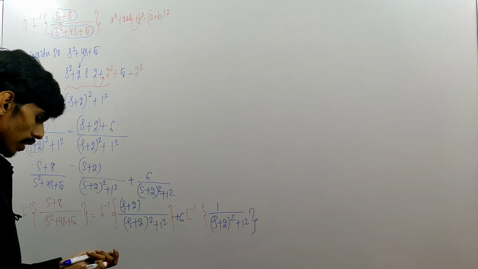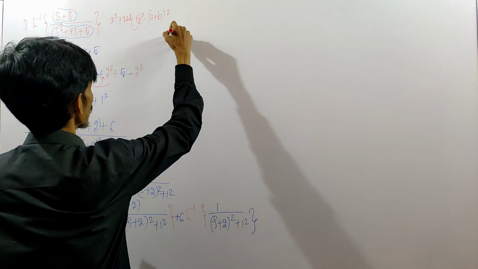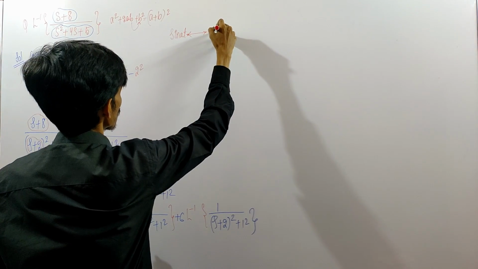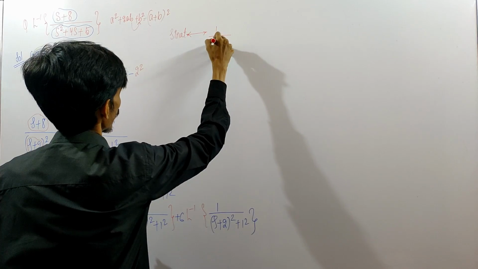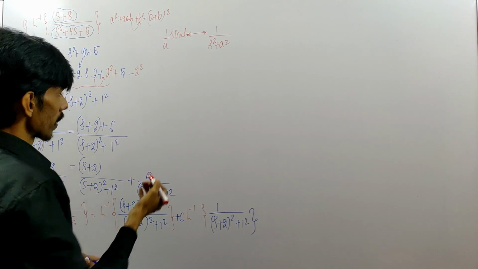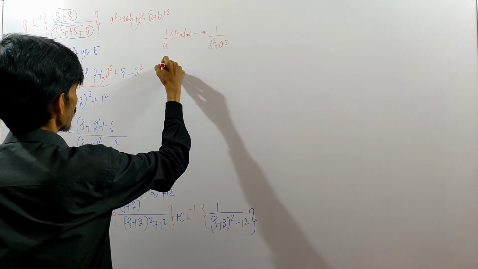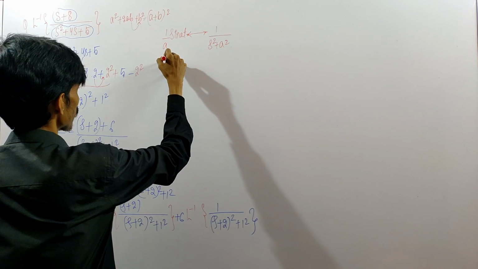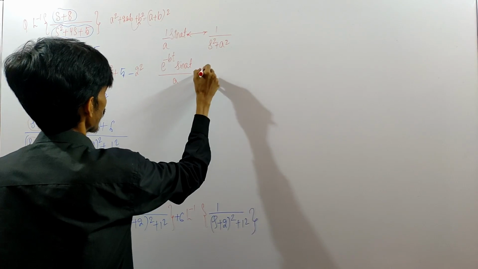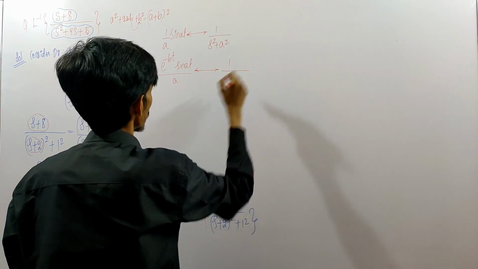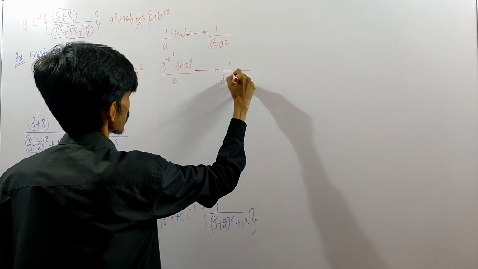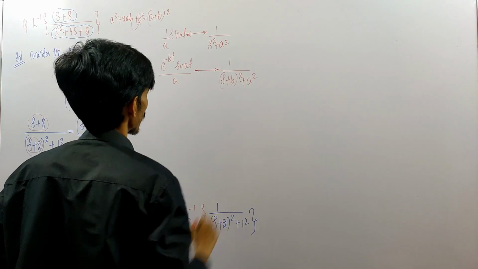Now we know that sin at transforms to 1 divided by s square plus a square. Here we have 1 by a. If we multiply by the exponential term e power of minus bt, then s will be replaced by s plus b, so we get 1 by (s plus b) square plus a square.